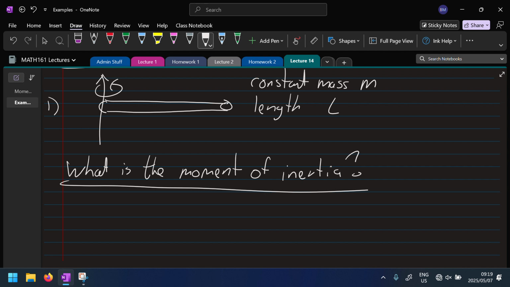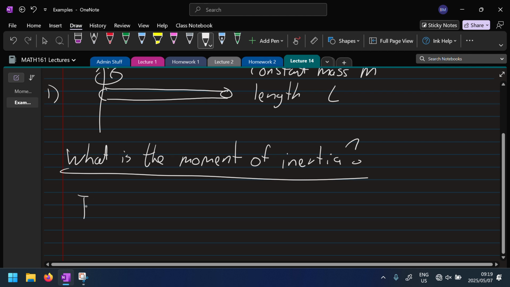Now, either you can start from that original equation, the r squared dm equation, or you could look at the formula sheet and find the one for linear mass density. Okay, that's up to you. If you want to start from the beginning or you want to start with the formula, right, that's up to you, whatever you prefer. Let's start off with the formula, the original one, and then work out what we need to do from there.